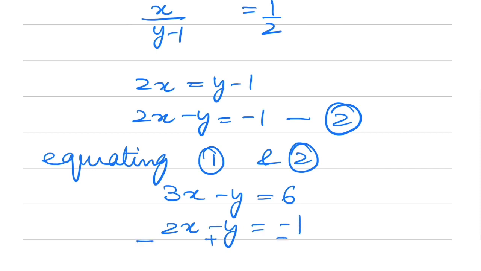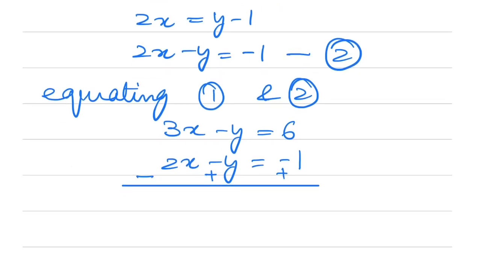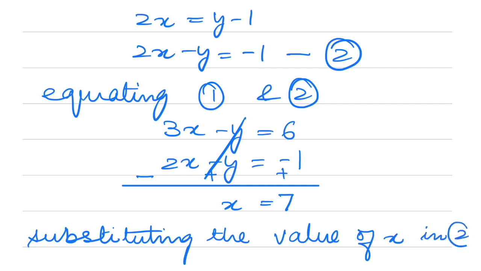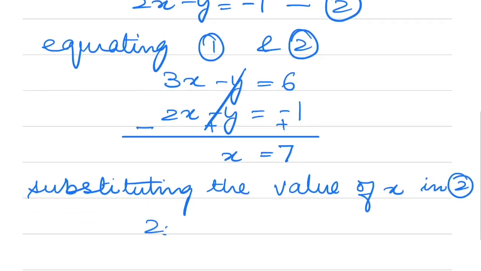Minus, this becomes plus, and this gets cancelled. x is equal to 7. Now substituting the value of x in the second equation, we get 2x minus y is equal to minus 1. 2 into 7 minus y is equal to minus 1.